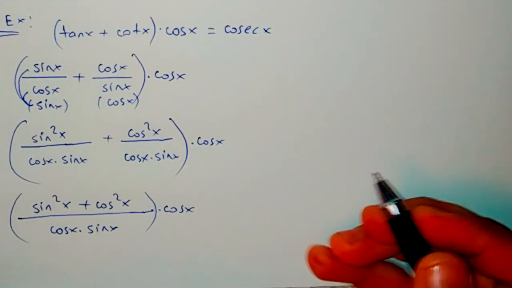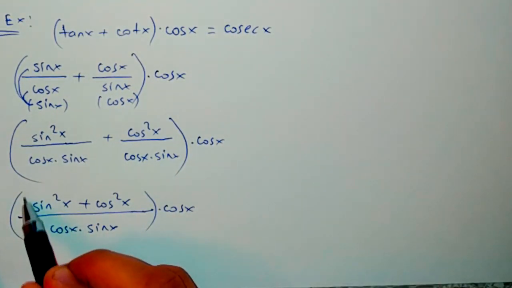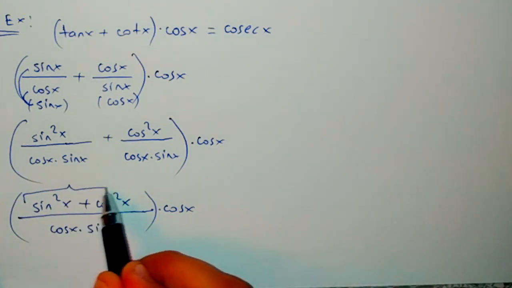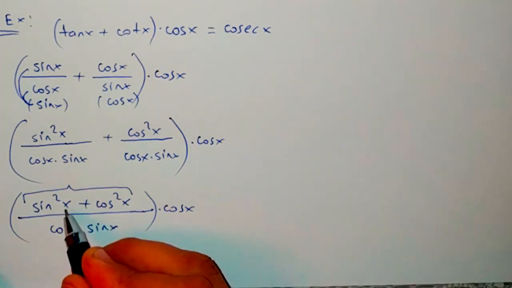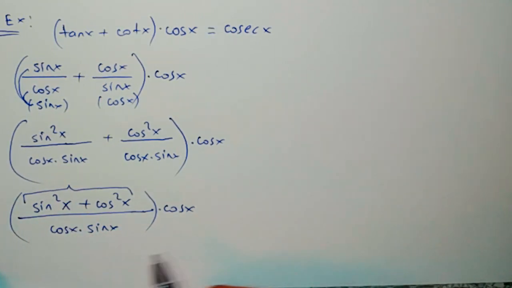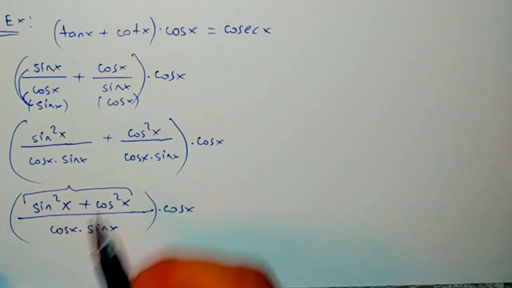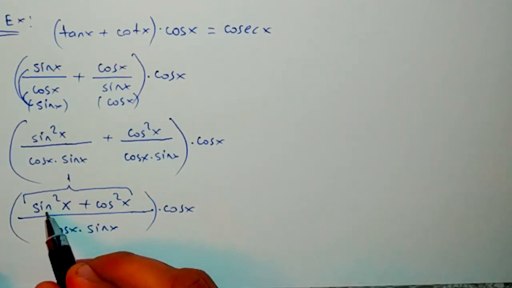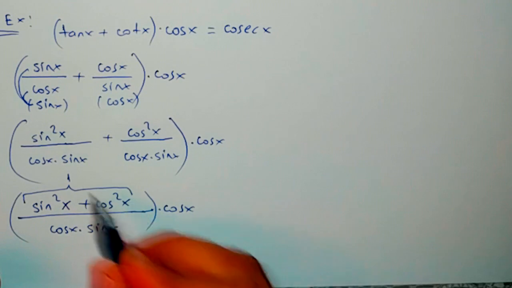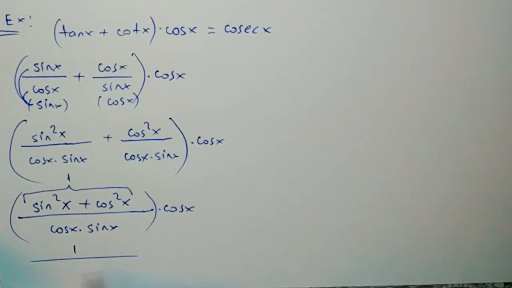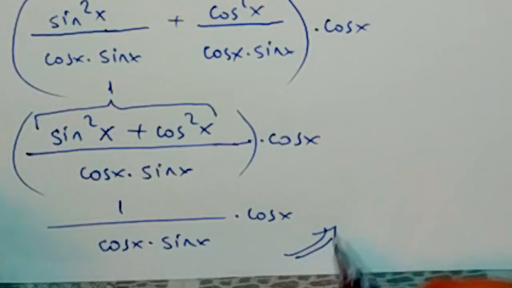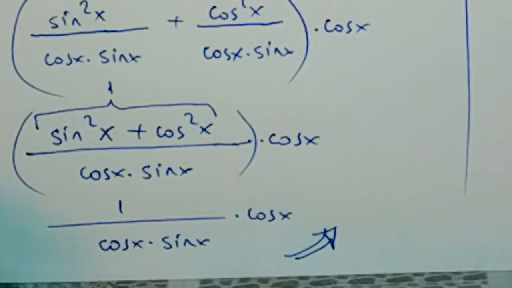By using the third identity, what do you think this expression is equal to? Instead of this expression, I can write 1, because sine squared x plus cosine squared x is equal to 1. So 1 over cosine x multiplied by sine x multiplied by cosine x. I will continue here.